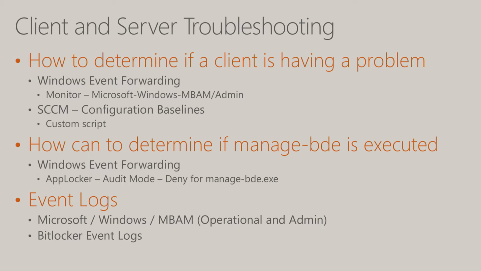If you download the slides, they'll tell you the events in the notes, but I'll tell you the event IDs you want to monitor for. They're important ones: Event ID 8, 9, 16, and 17.